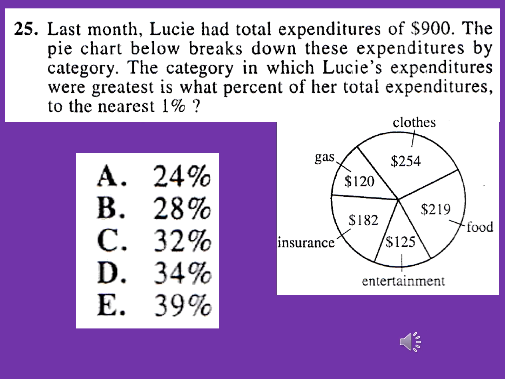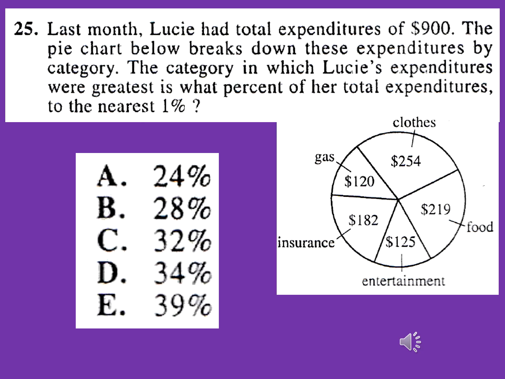So a couple of quick things before we officially find the answer here. The question says the category in which her expenditures were greatest is what percent of the total. Well, the greatest category is clothes. And if I just look at that circle graph, it looks to me like clothes are somewhere around a fourth.